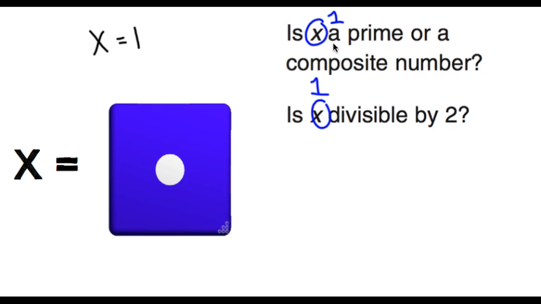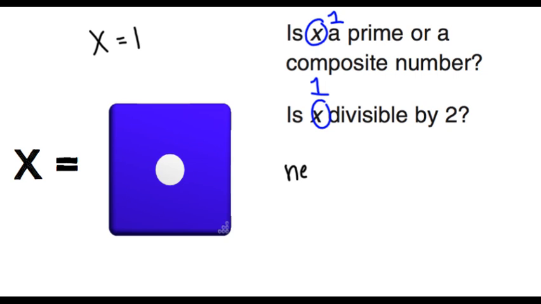All right, thinking all the way back to Unit 1, what's a prime number? A prime number is a number that only has 2 factors, and a composite number is a number that has more than 2 factors. So is 1 a prime or composite number? If you can remember all the way back to Unit 1, number 1 was kind of a unique case.